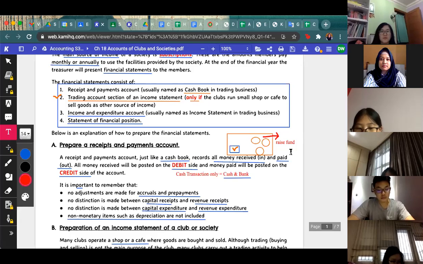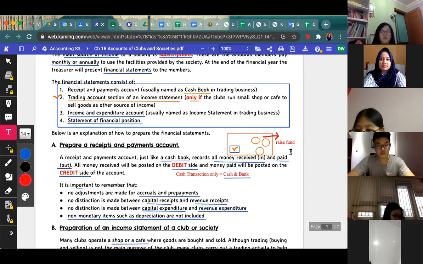For example, prefects are organizing a sports competition between schools, yeah. Can it be done? Yes, it can. So by doing that activity, the prefect body itself can raise funds. Now that's what we call fundraising activities.